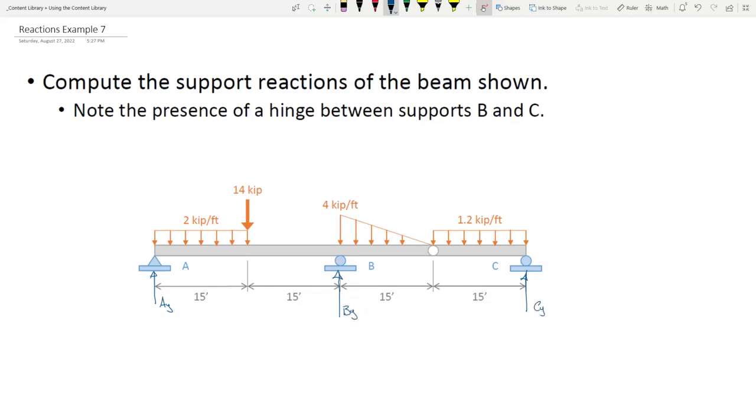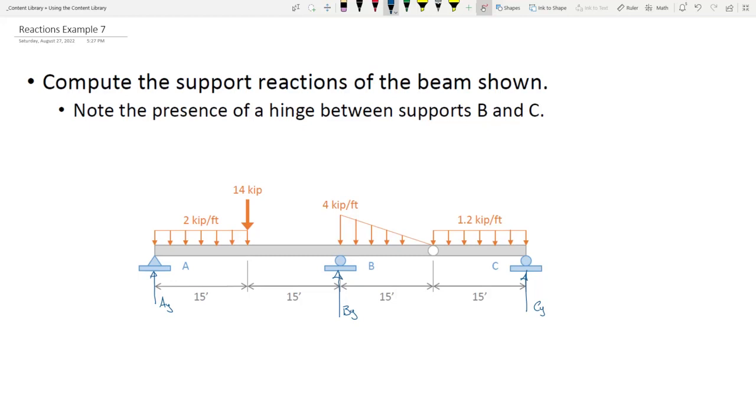For this problem, it just so happens to work out that they all end up being upward. But that might not always be the case, okay? It's very possible that some of these reactions act downward, and what I have found when you start dealing with this many unknowns is it's just easier to blanketly assume they're all upward. So if you get a negative answer, you know what the context is.